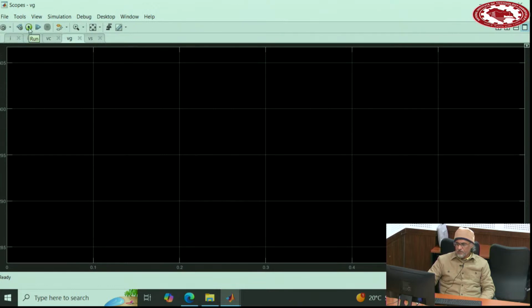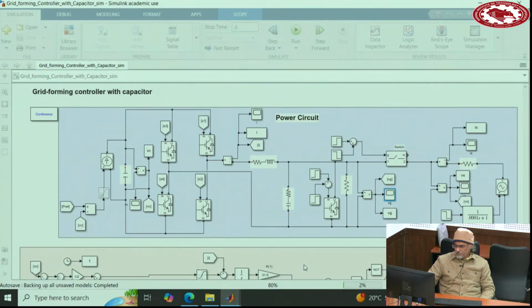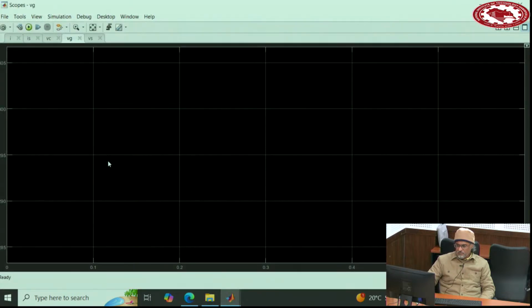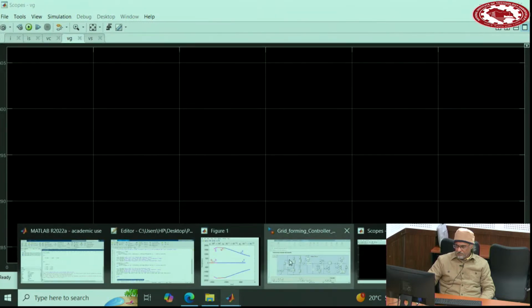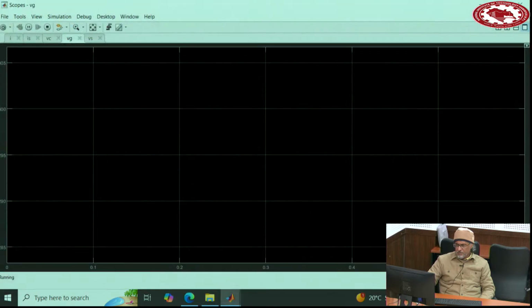This was already open. I don't know why it doesn't show on the oscilloscope.